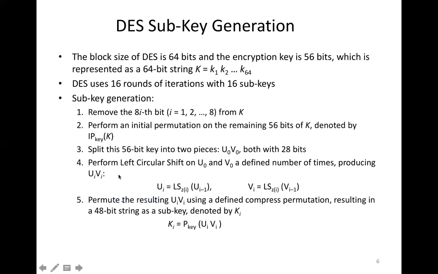And then it performs left circular shifts on U sub 0 and V sub 0 for a defined number of times, producing U sub I and V sub I. So this is a left circular shift. Z sub I means the number of times for a particular input I. You can check the value of this Z of I from a table in your textbook.